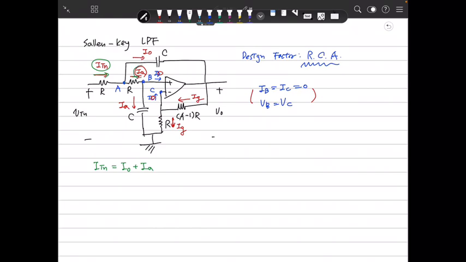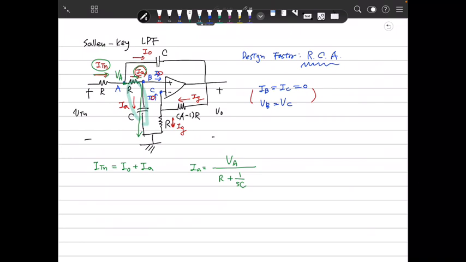We define this node voltage as VA, then the current flows through these ways. So IA will be VA divided by this impedance. That impedance is R plus the capacitor's impedance, 1 over SC.